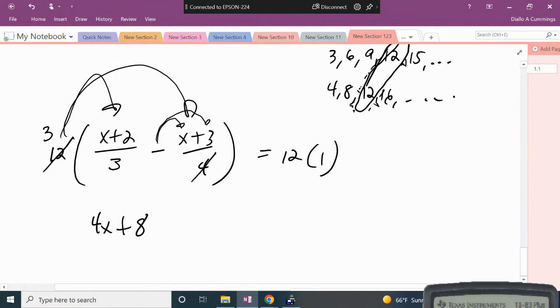So negative 3 times x is negative 3x. Negative 3 times a positive 3 is a negative 9, is equal to 12. Keep in mind, since the second term is negative, you must distribute a negative and a 3.